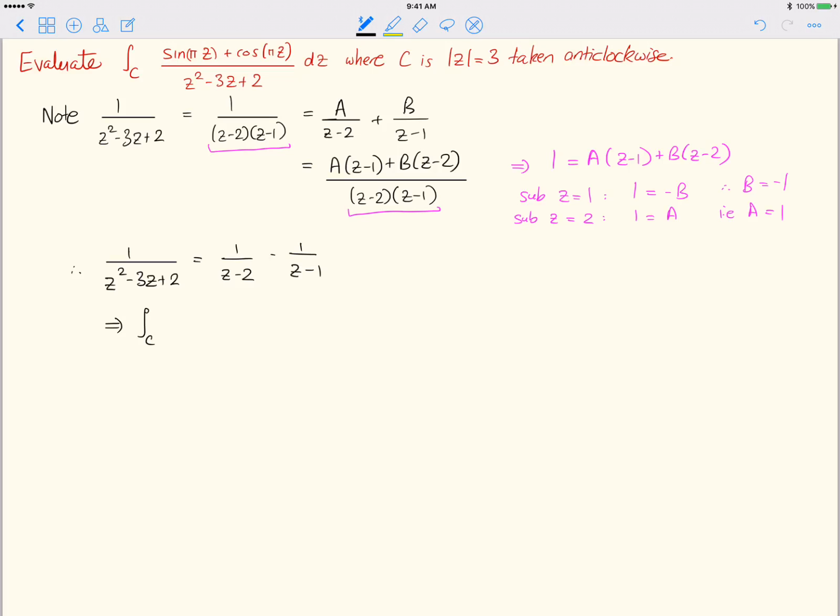And therefore, that initial integral which they gave me, this one right here, can be written as follows.